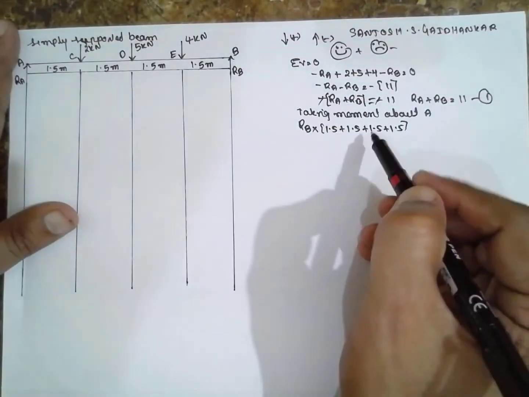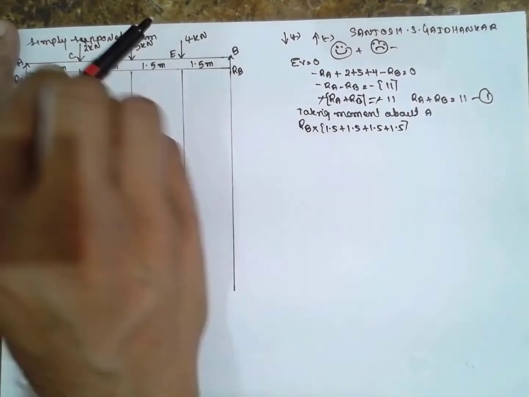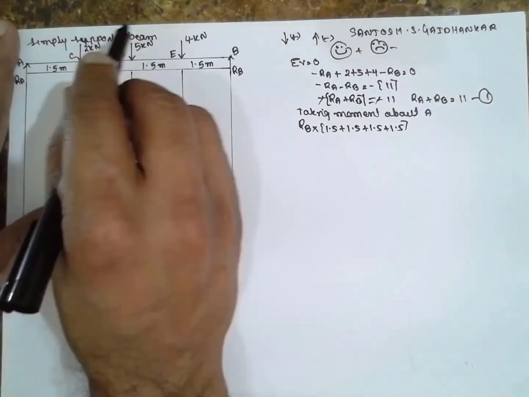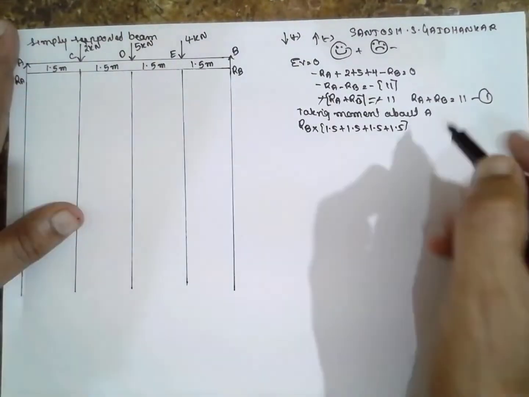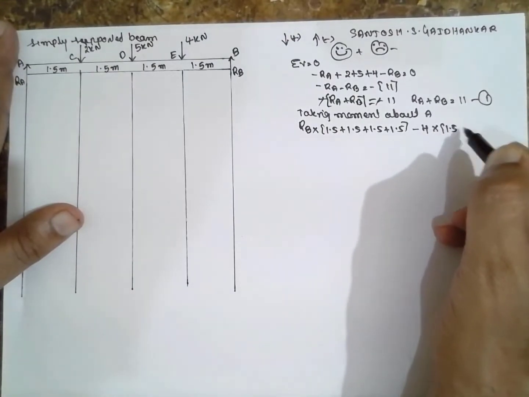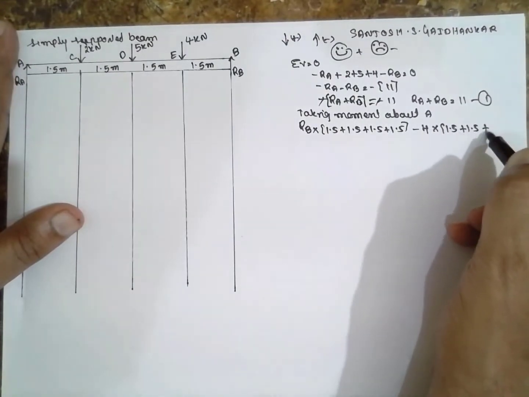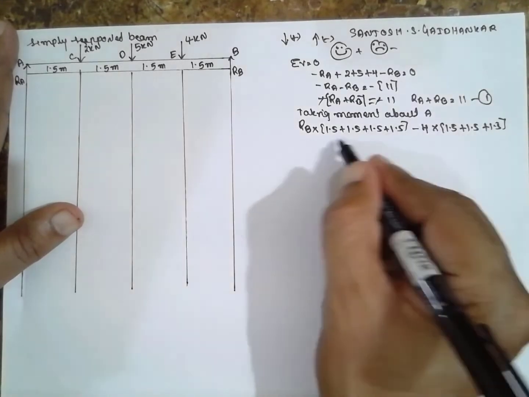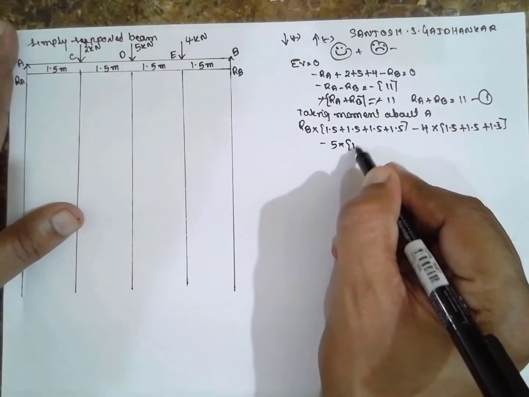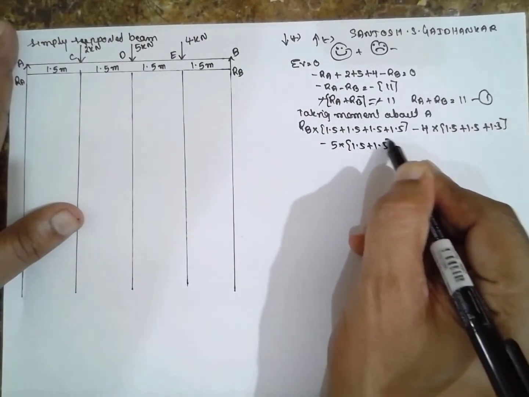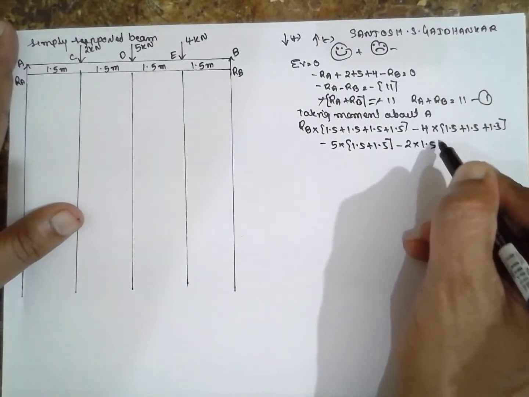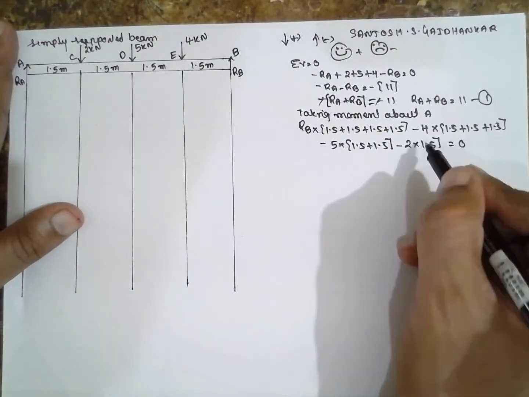Smiling face, positive. Hogging, it moves clockwise. If you consider anticlockwise as positive, clockwise you consider as negative. Minus 4 into the distance, 1.5 plus 1.5 plus 1.5. Next minus 5 into 1.5 plus 1.5. Next minus 2 into 1.5 is equal to 0.